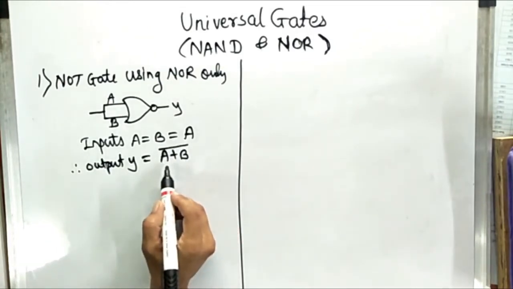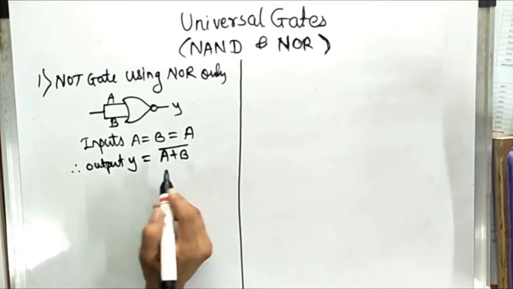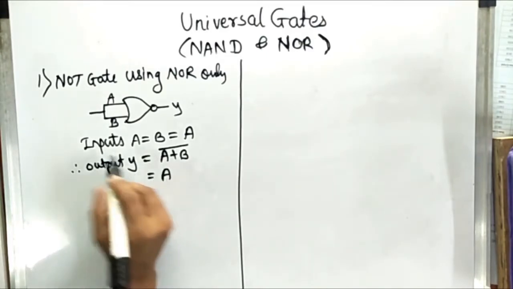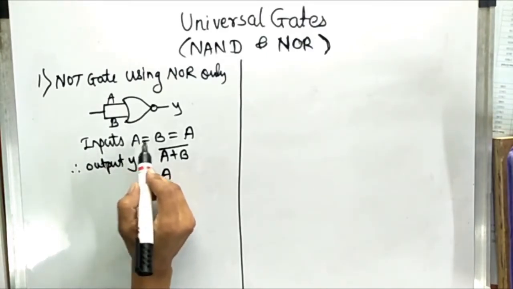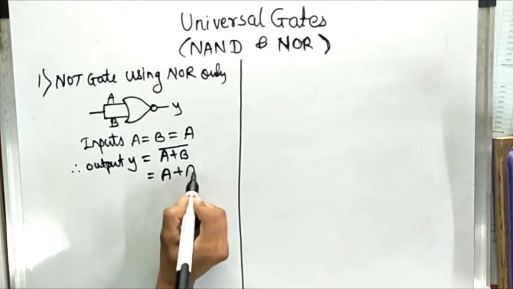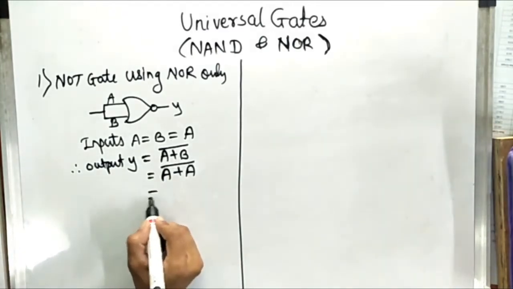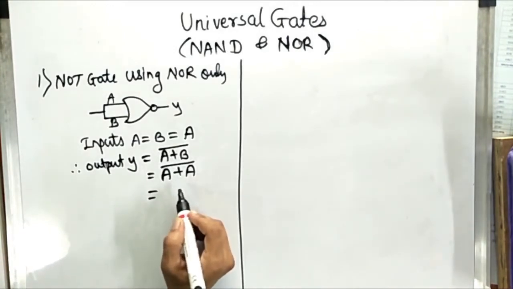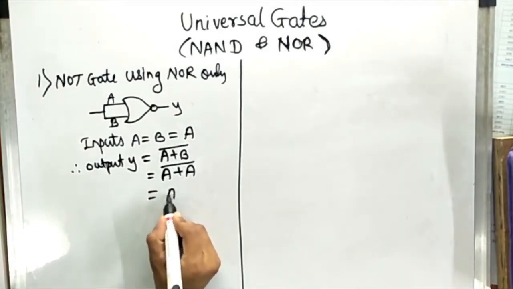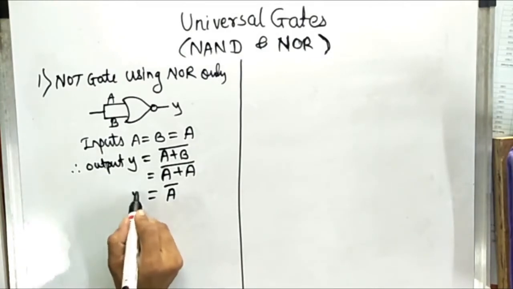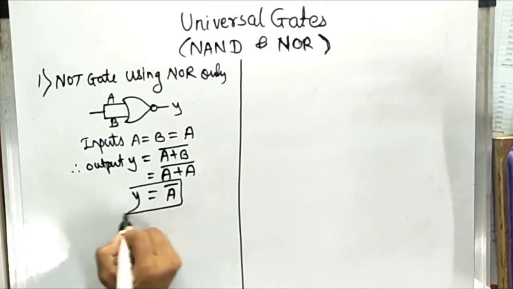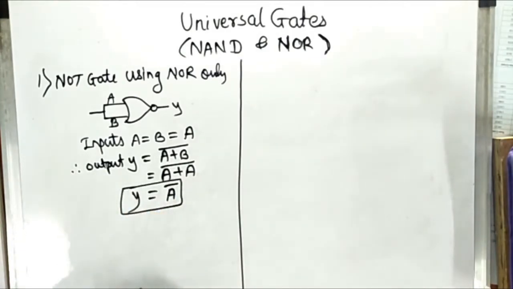This is nothing but the output of a NOR gate. So if A equals B, we can write this as A or A complement. According to the OR law, A plus A is nothing but A. So we can write that as A complement. So this is the expression for the NOT gate. In this way we can construct a NOT gate using NOR only.